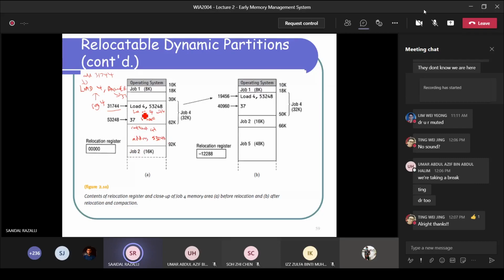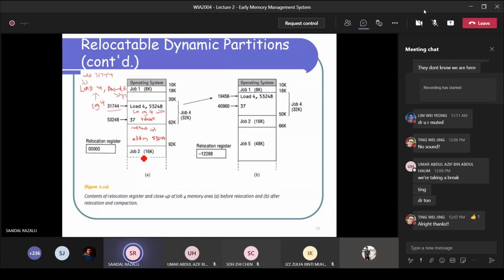This is just an instruction in machine language: load register number 4 with the value contained at address 53248, located at address 31744.